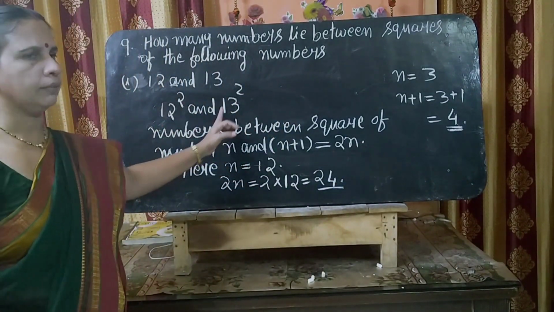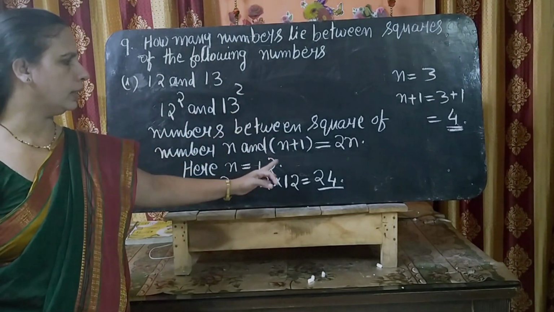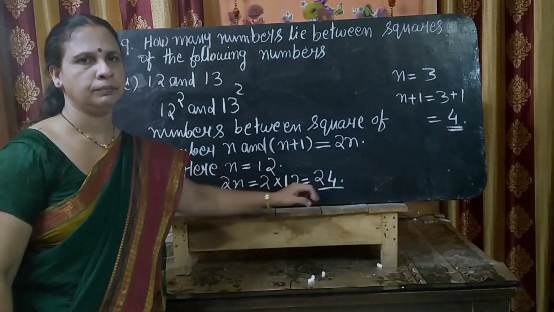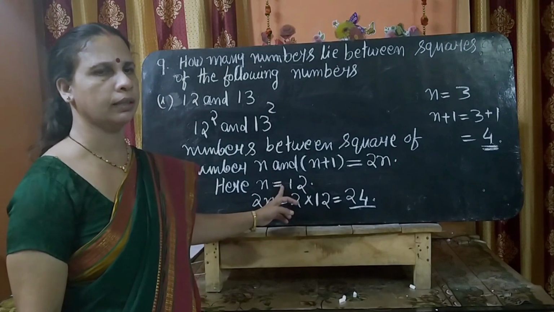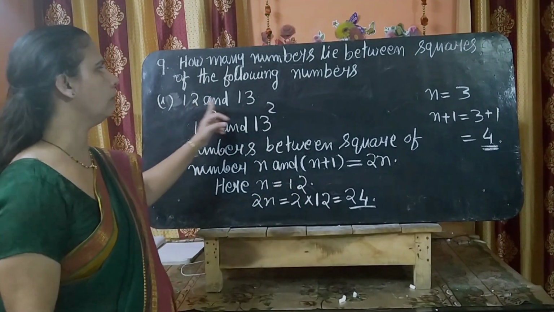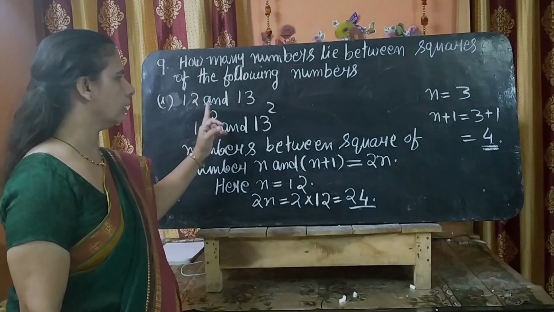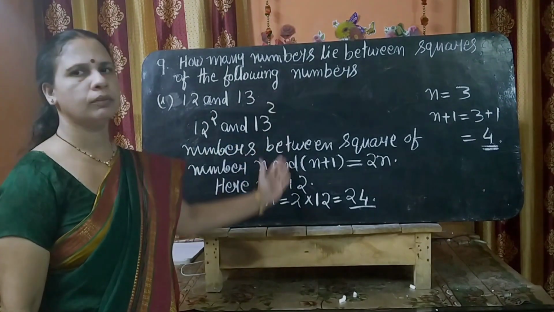So in between 12 square and 13 square, 24 numbers are there. Always take the smaller number for n. For example, here in the question 12 and 13, the smaller number is 12, so here we take n as 12. Then copy down this.